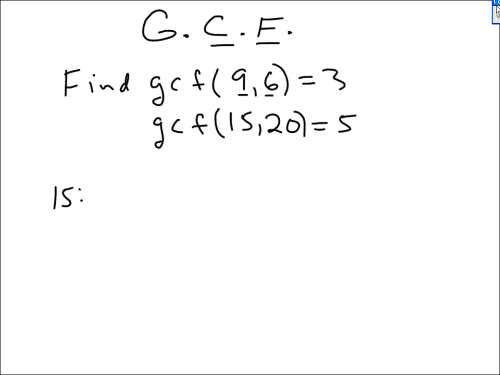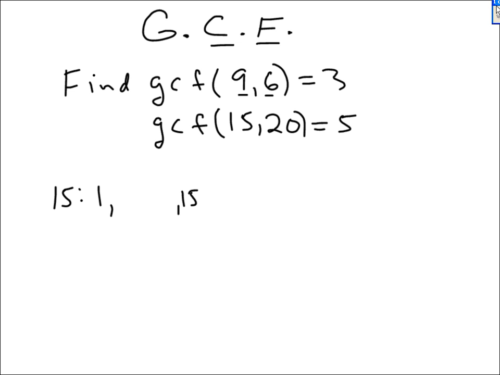Write down the factors of 15. 1 goes into 15. 1 goes into every number. How many times? 15 times. In fact, the number itself always goes into itself. 9 goes into 9, 12 goes into 12. So we have 1 and 15. Does 2 go into 15?